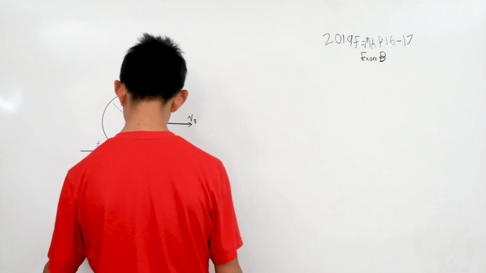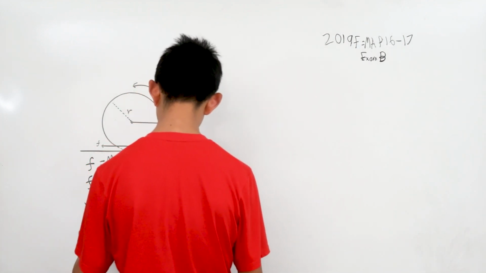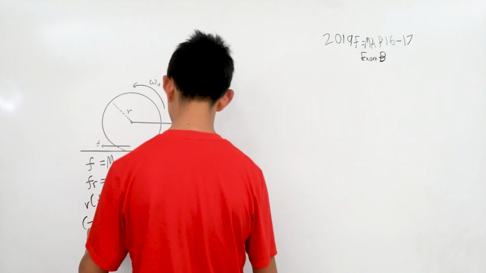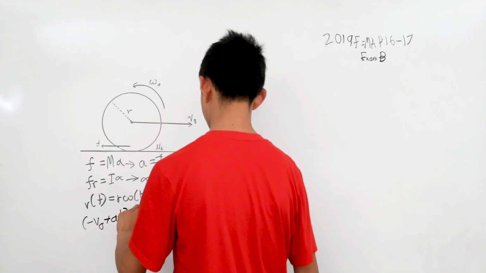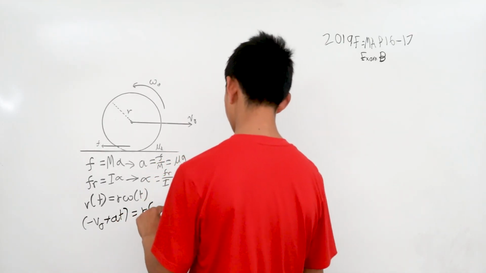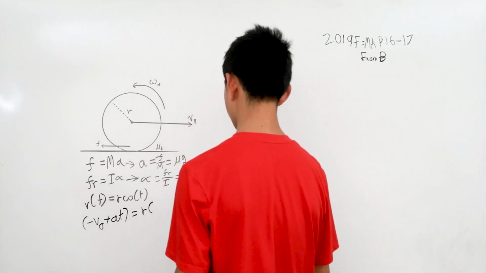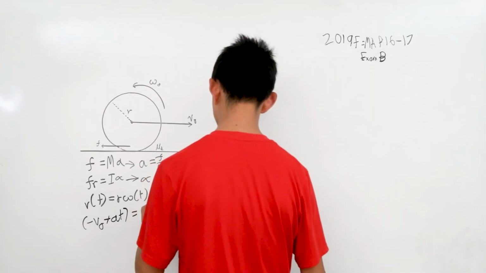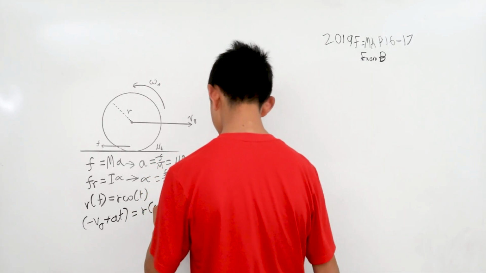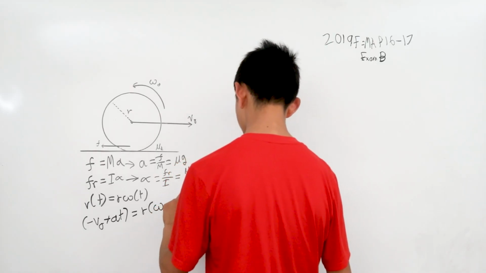We know that for the velocity, negative v0 plus at, and then this is r times omega of t, which is going to be equal to omega 0 minus alpha times time.